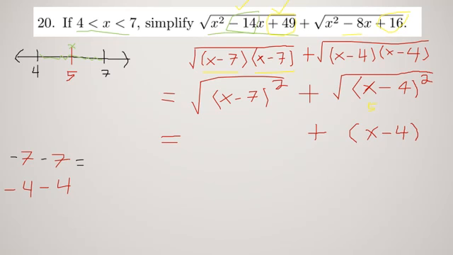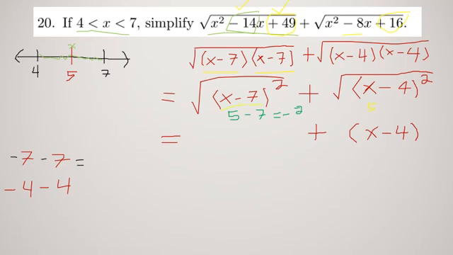Next, itong hindi masyadong obvious. Pag x equals 5, anong mangyayari sa 5 minus 7? Magiging negative 2. So, ibig sabihin yung x minus 7 pala is negative. Hindi siya positive.